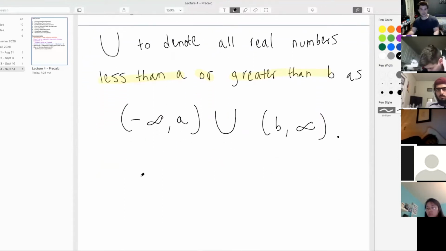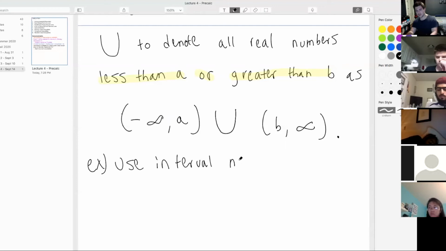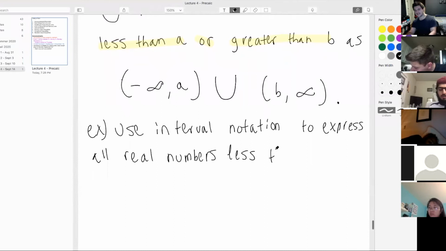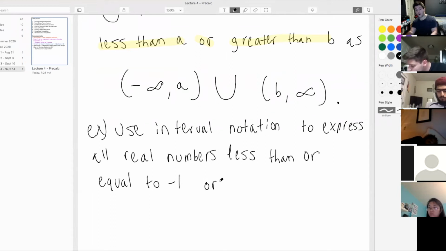Okay, so let's just do a quick example. Use interval notation to express all real numbers less than or equal to -1 or greater than 1.